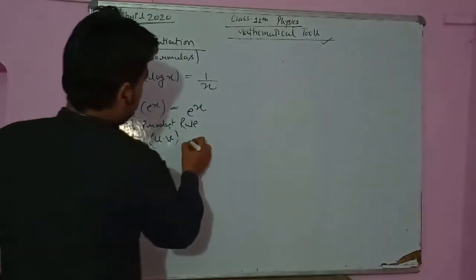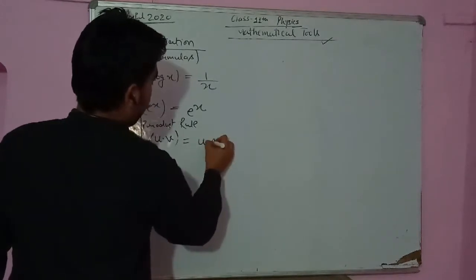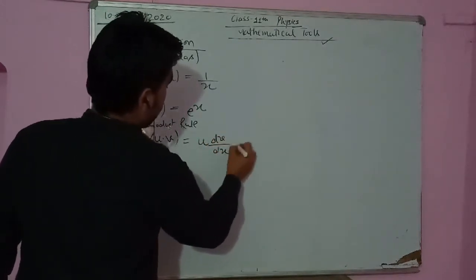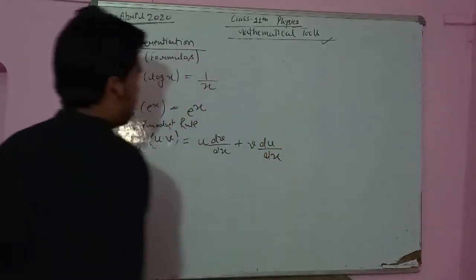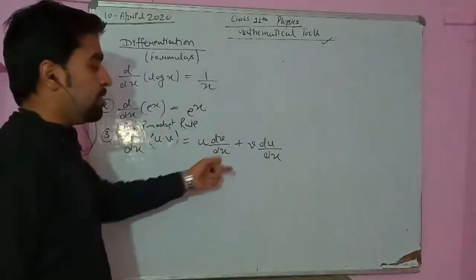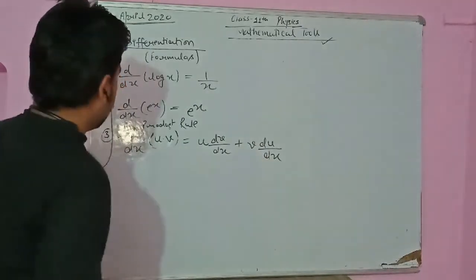So d upon dx, u into v is equal to: firstly we write u, then the differentiation of v, then we write v and the differentiation of u. First into the differentiation of second, plus second into the differentiation of first.